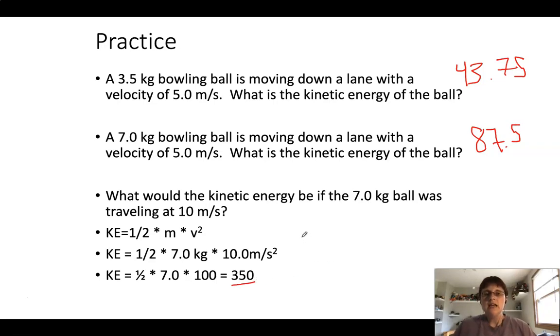You can see that the velocity, the speed, has a much bigger effect on the kinetic energy than the mass does, because here we doubled the mass and it only doubled the kinetic energy. Here we doubled the velocity and it more than doubled, it quadrupled the kinetic energy of the object.